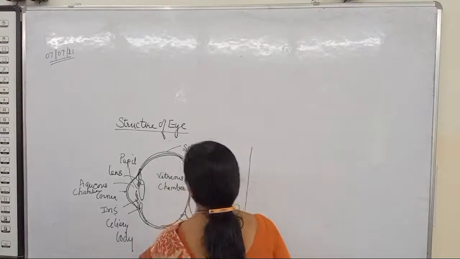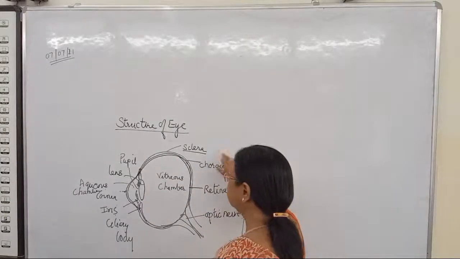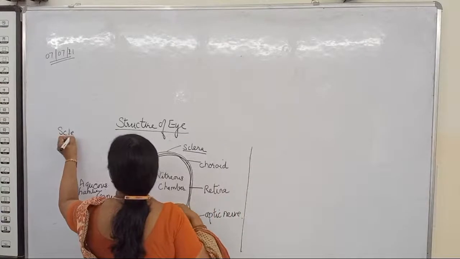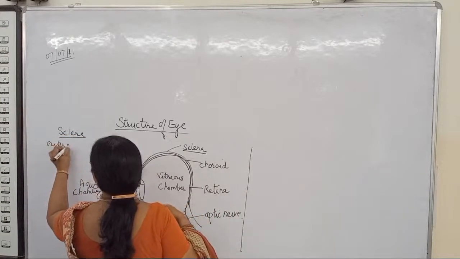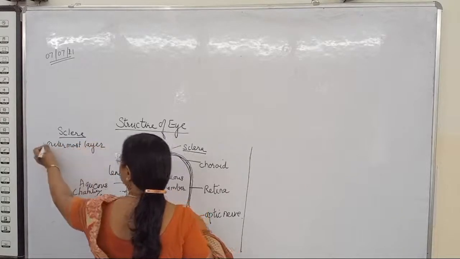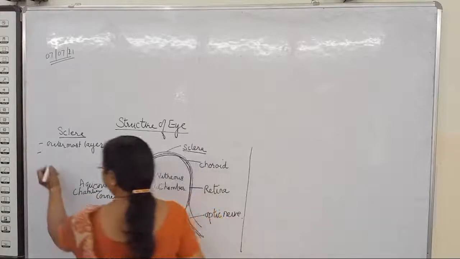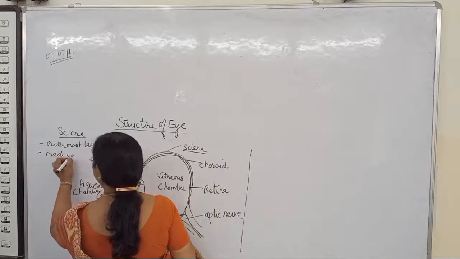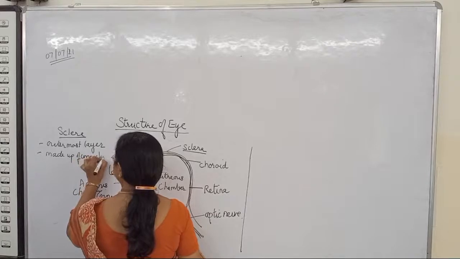Now sclera, it is the outermost layer. First thing is that it is outermost. Then it is made up of connective tissue. You have to remember all these things.